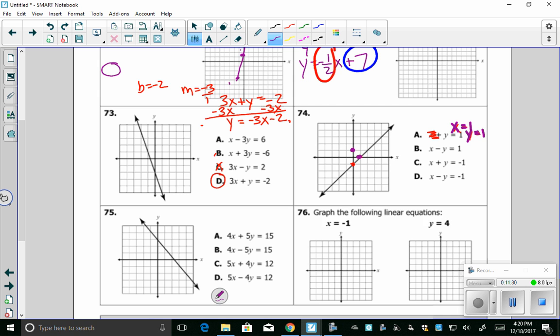That's not right. Okay, so let's try B. I got x equals 1, and then y equals negative 1. The reason why y is negative 1 is because I have to divide both sides by negative 1, so positive 1 divided by negative 1 is negative 1. X equals 1, y equals negative 1. So B is your answer.